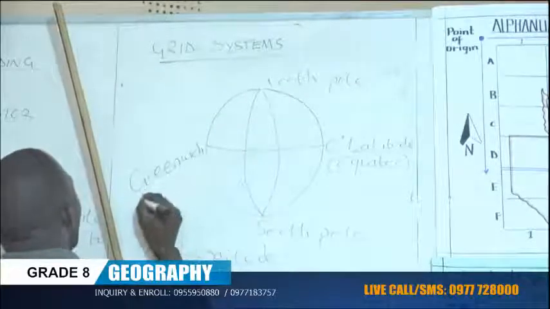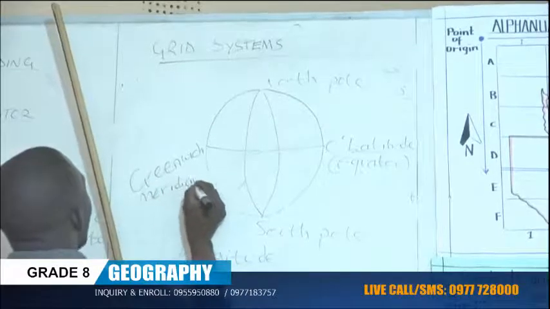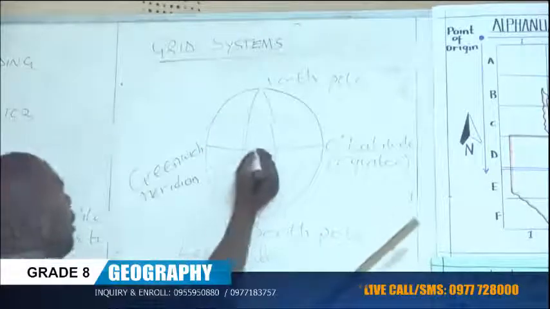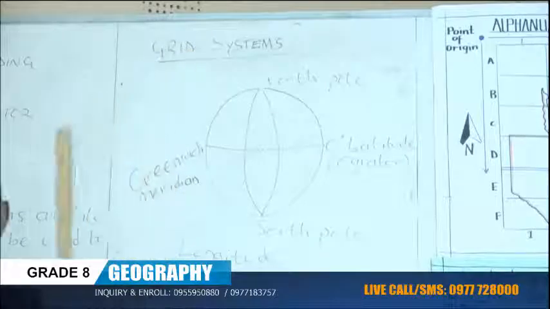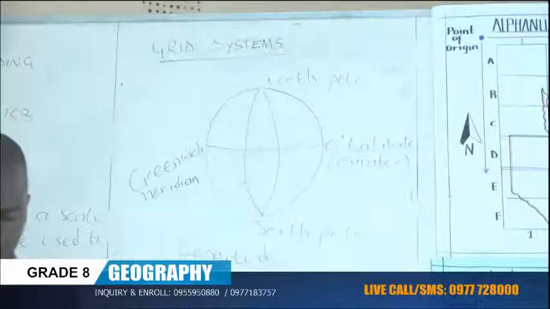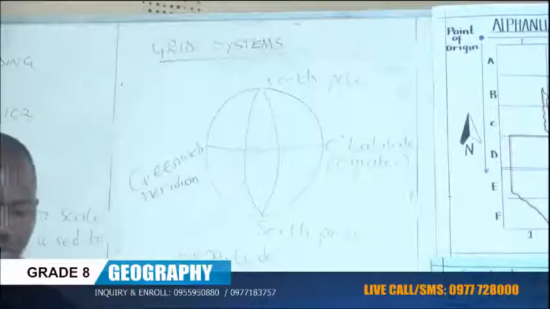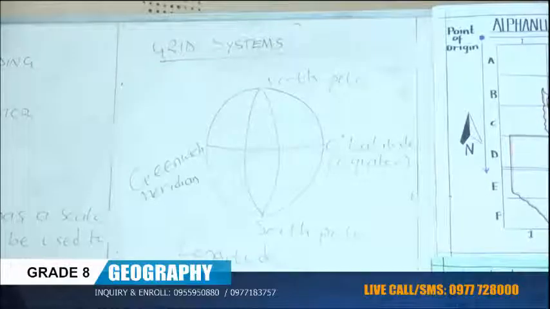Greenwich meridian. This one deals with the longitudes. If you move from the center where it starts from to the west, you will have made 180 degrees west.